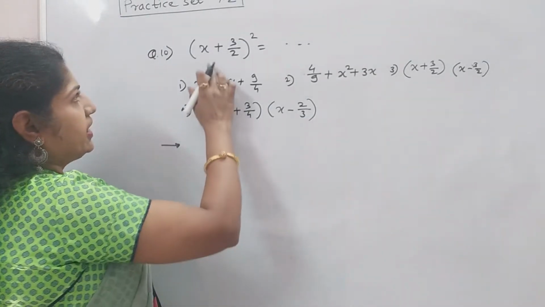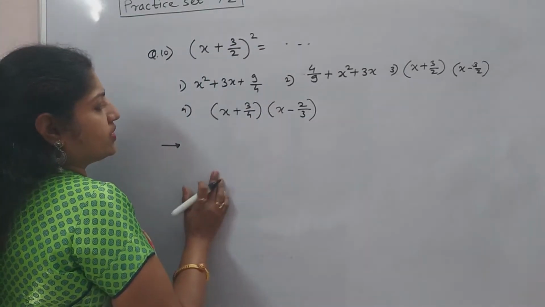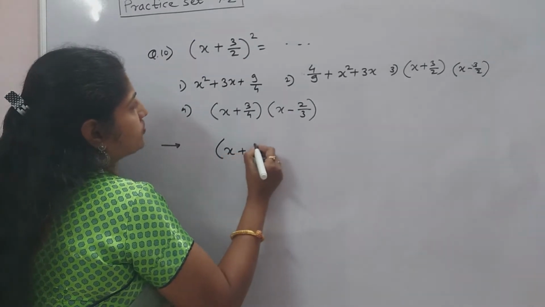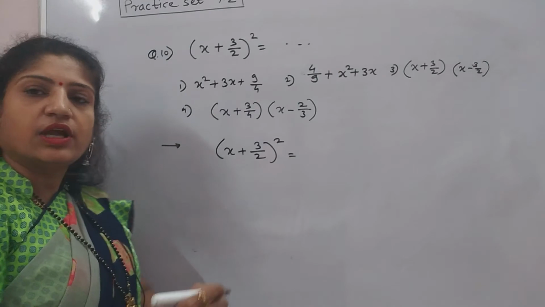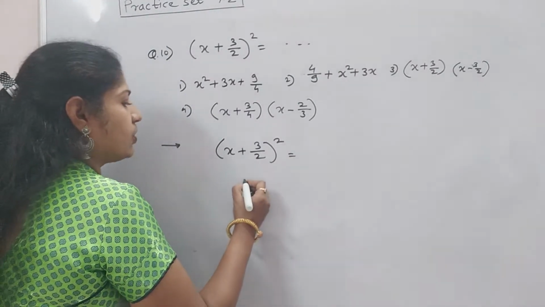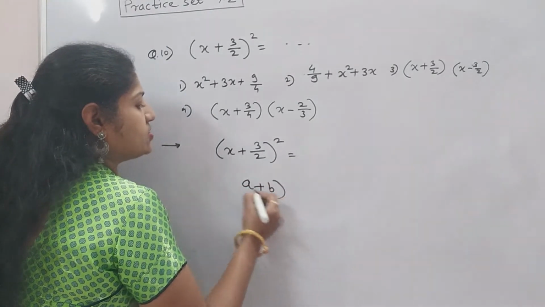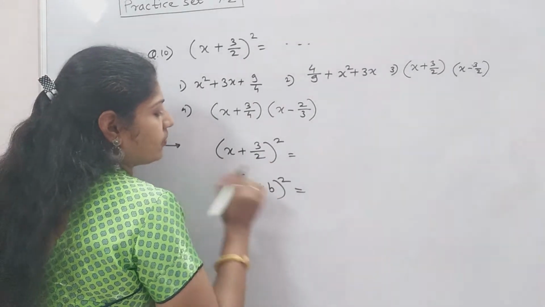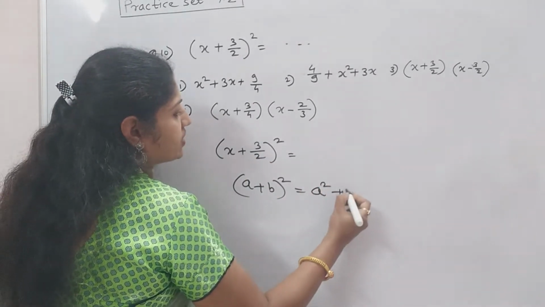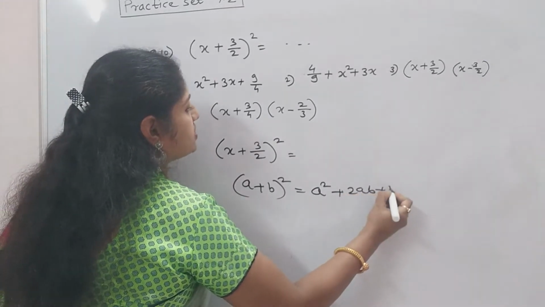Next question, (x plus 3 upon 2) bracket square, we have to find the expansion of this number. Use the formula (a plus b) bracket square, a equal to x and b equal to 3 upon 2. Formula is a square plus 2ab plus b square.